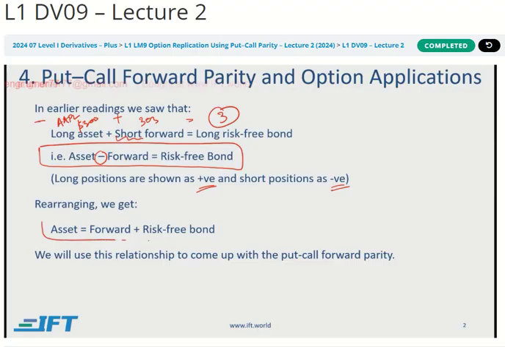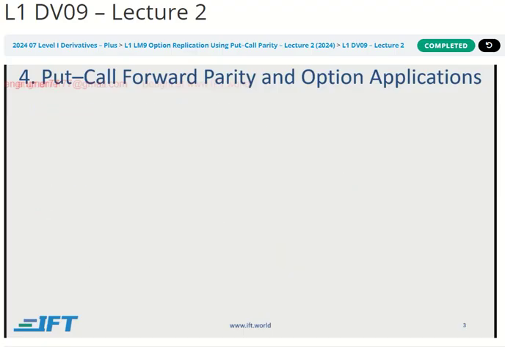We can rearrange this equation to look like: the asset is equal to the forward plus the risk-free bond. Why this is important is because we're going to put it in the put call parity relationship, and let me demonstrate that again.